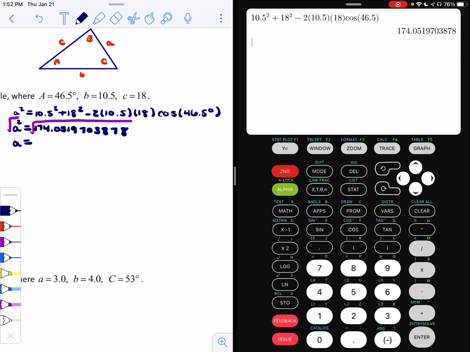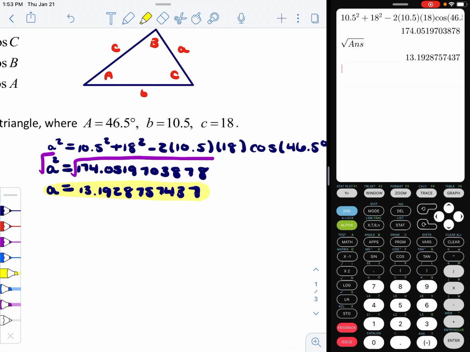If I take the square root of the answer, I come out with 13.1928757437 as my a value. So that's our first answer.